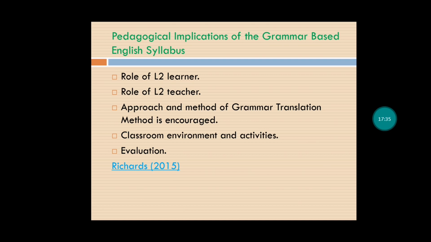Classroom environment and activities. The classroom environment is a very traditional one. The whole class is sitting in long rows, and even a student sitting close to another student is not supposed to be using the language, particularly speaking.